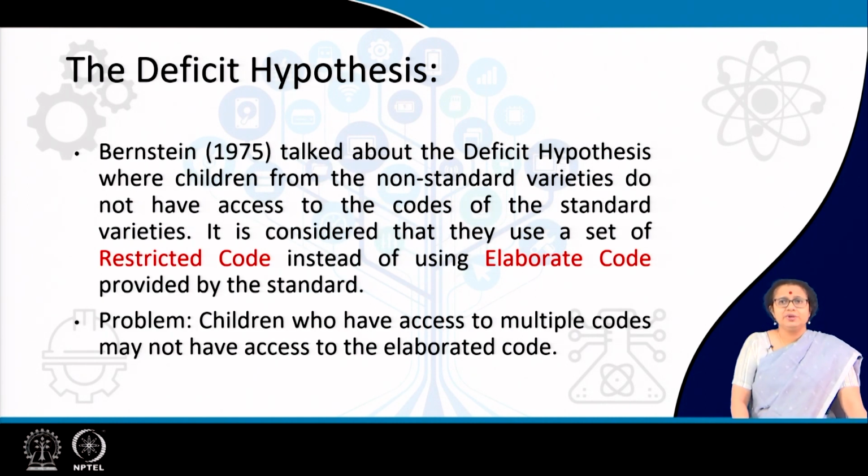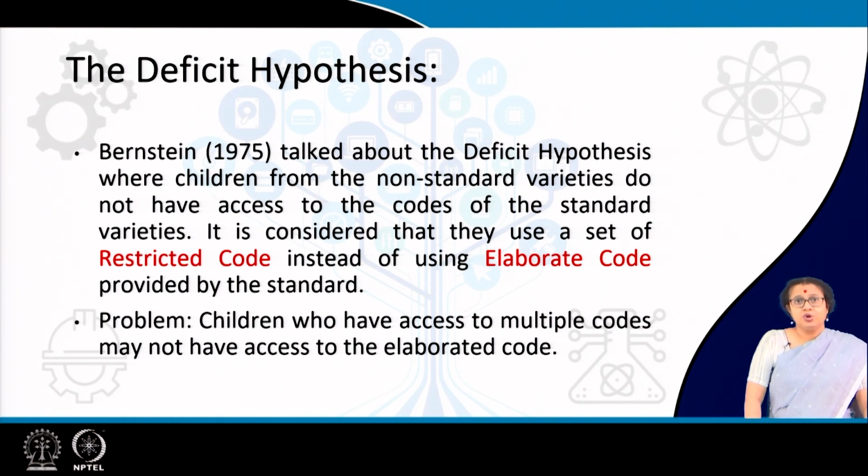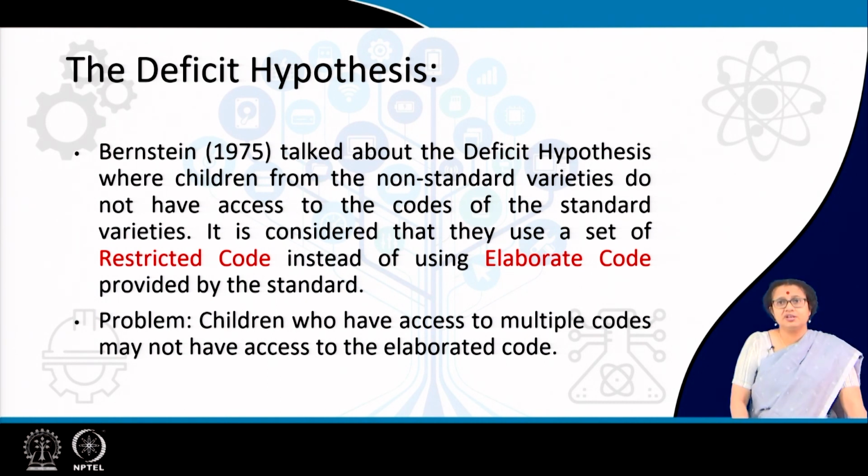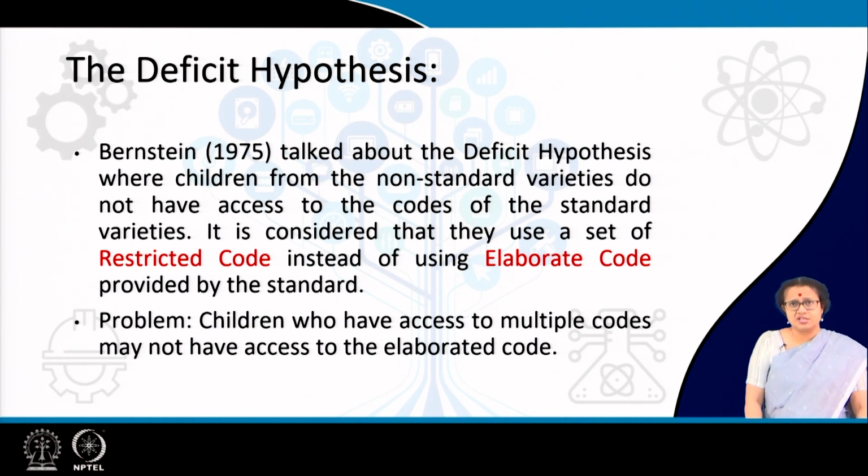At this point, let me talk about a hypothesis which was given by Basil Bernstein, who is a sociologist, in the year 1975, who talked about the children who speak non-standard varieties and their situation in classrooms. So, this famous work called Class, Codes and Control talks about different sets of codes used by the children in classroom.